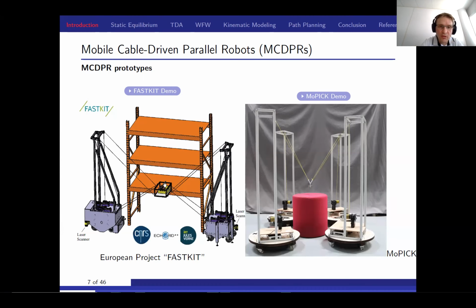But I've never thought of using the mobile bases to attenuate those oscillations. I think this is a very good idea, but not with this type of wheels.